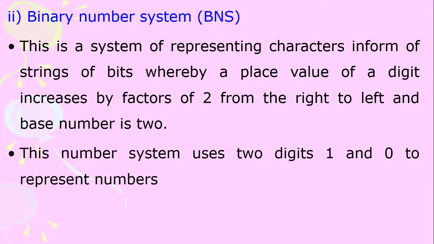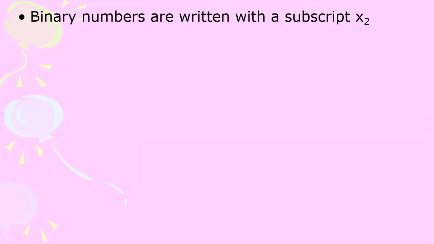This number system uses 2 digits, 1 and 0, to represent numbers. Binary numbers are therefore written with a subscript or index 2, that is x to base 2.